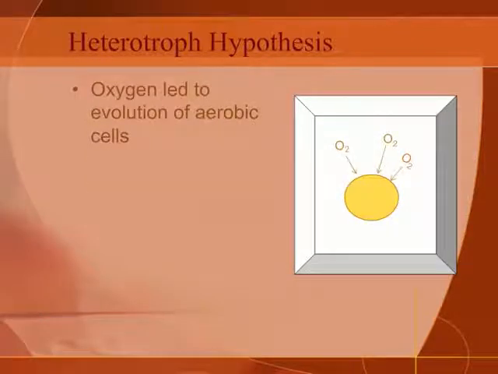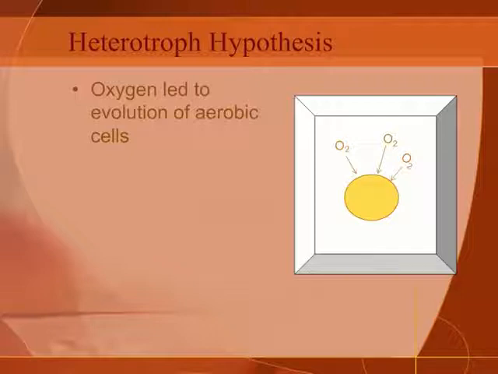The third step in the Heterotroph Hypothesis should be shown by drawing a cell taking in oxygen from the atmosphere. So draw this picture in the pane provided. You will notice that this is still a prokaryotic cell, but it is an aerobic cell because it is using oxygen.